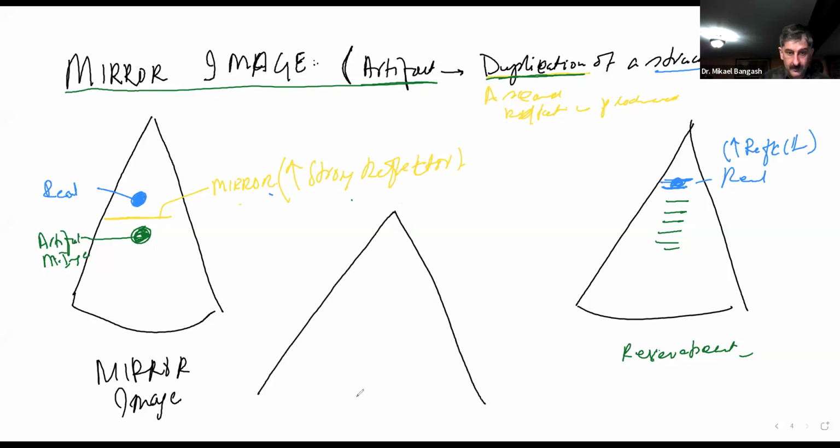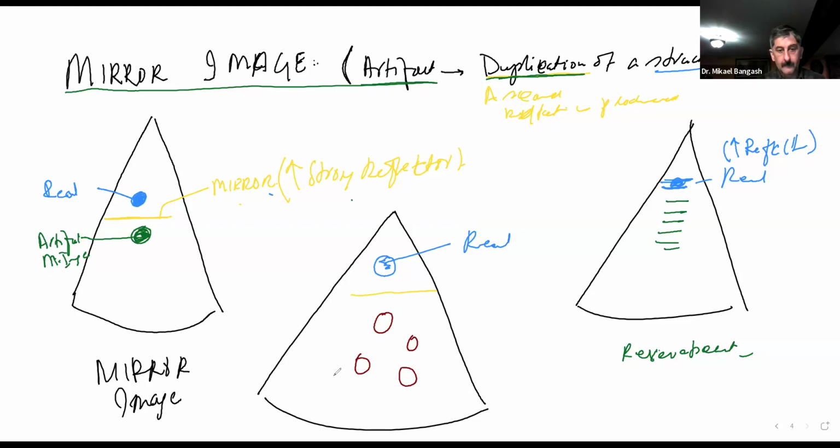Let's just make it this way here and say yes, we have a structure here. This blue one here is real, even though we have a mirror, a strong reflector. Now, what we may see here, I'm just going to do it this way. Something like this.